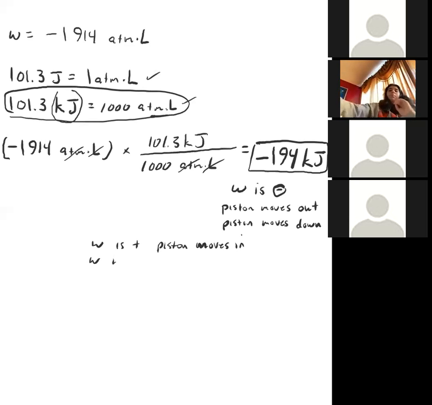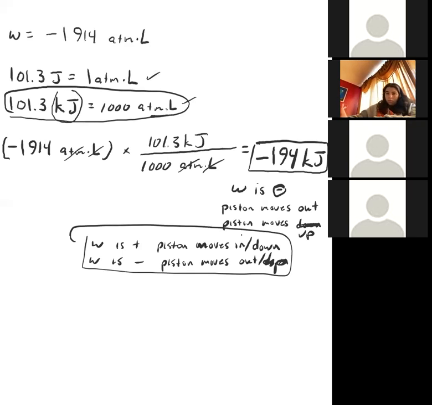If W is negative, the piston moves out or up. I'm sorry, up. My apology. In or down. Okay, that's our sign convention that we had earlier. So since we calculated it as being negative, that's what happens.